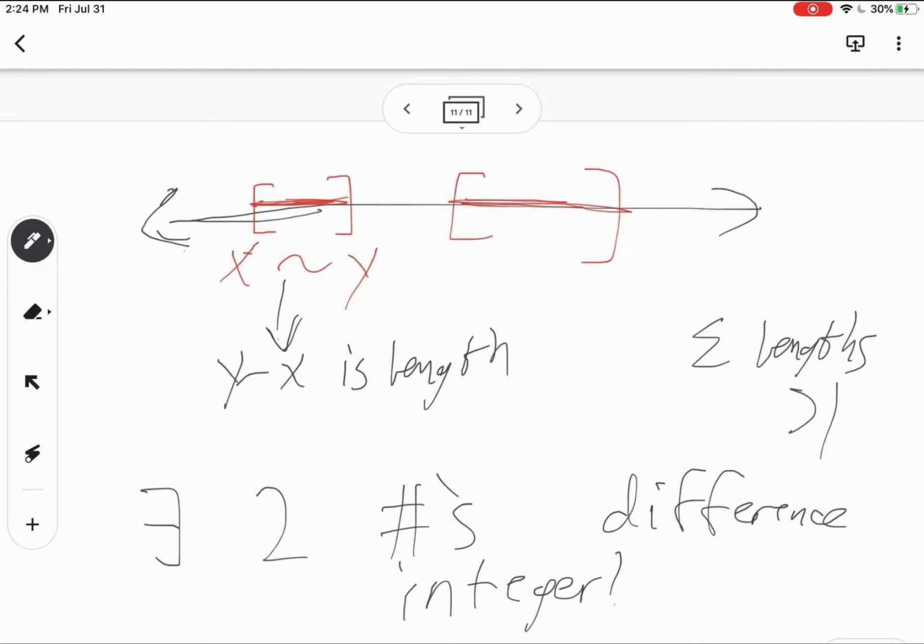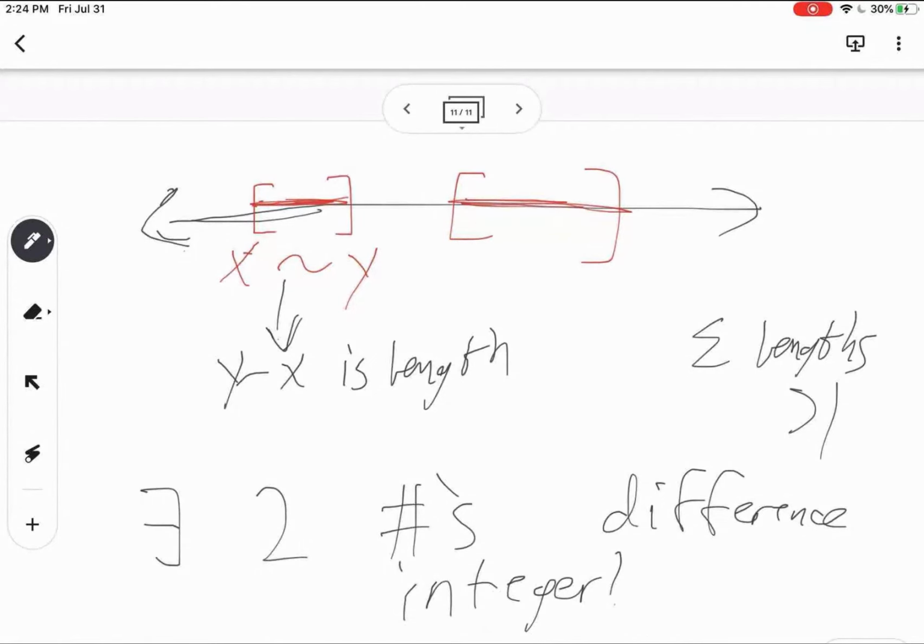It's kind of hard to define size here because it's not a set in the normal way you would think. It's not a finite set; you have infinitely many numbers. But you're given that the length, or you could say the measure, if you want to go into measure theory, is greater than 1. I'm not actually sure if I'm using the term measure correctly, but anyways, we want to show that there are two numbers with difference as an integer.